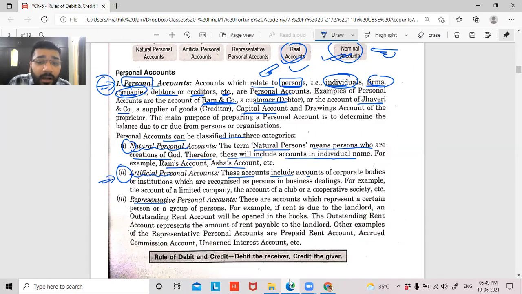These accounts include accounts of corporate bodies or institutions which are recognized as persons in business dealings. The government has recognized that sole proprietorship businesses, partnership businesses, and companies, that is corporate bodies, will be recognized as persons, but they are called artificial persons. For example, the accounts of a limited company, the account of a club, guys.